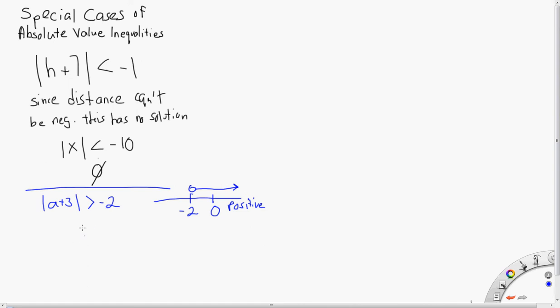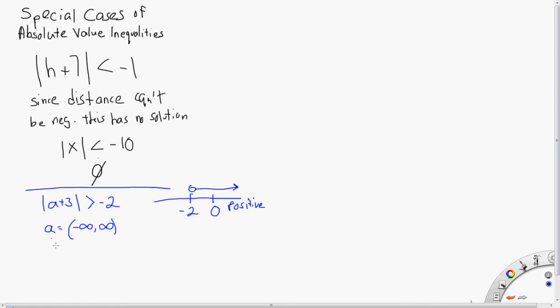They're all 1, 10, or a positive 1,000. All of them are. So in this case, a equals negative infinity to positive infinity. They are all real numbers.